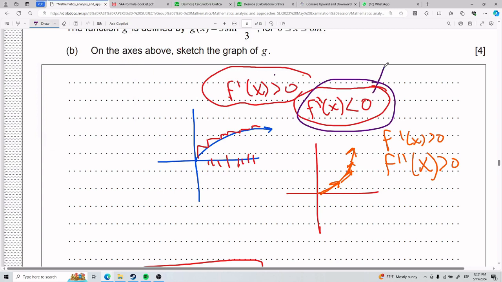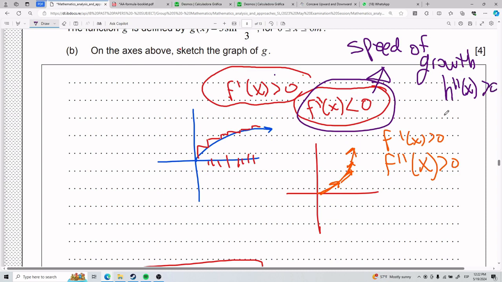So for derivative, it's like speed of growth. So if it grows each time faster, it's going to be positive. And if it grows each time slower, it's going to be negative. All right, you guys? So that is the main idea I'm trying to portray to you guys.